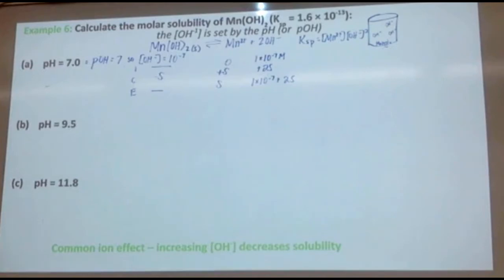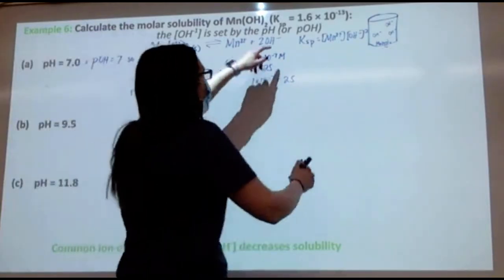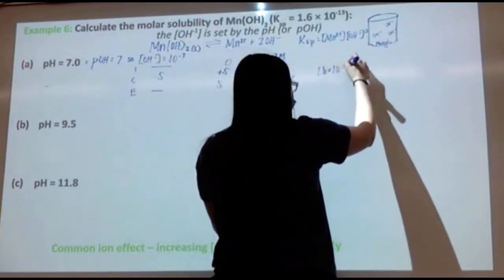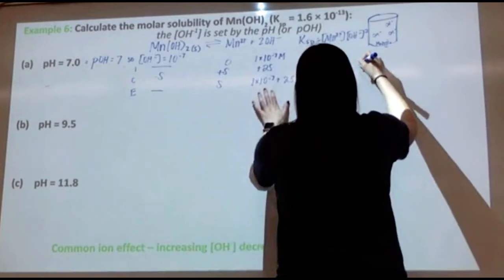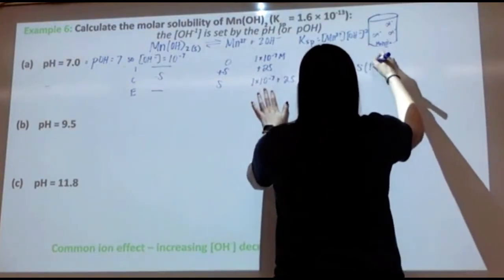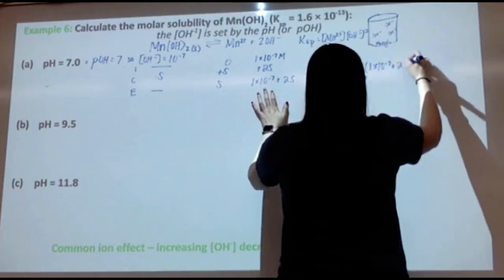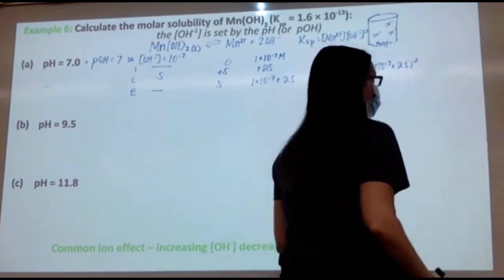Looks like this. And then if we plug into our Ksp expression, 1.6 times 10 to the negative 13 is S times 1 times 10 to the negative 7 plus 2S quantity squared.